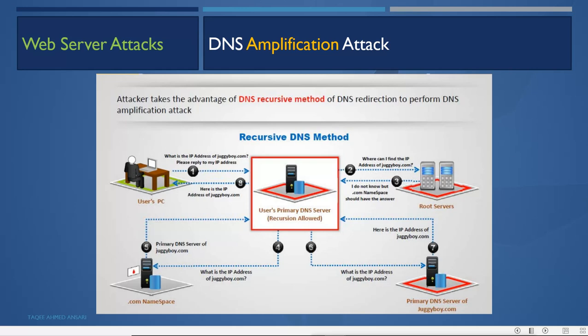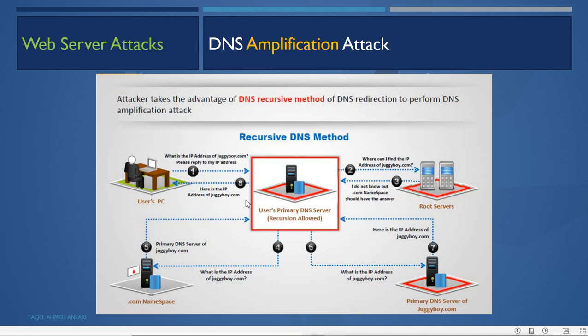Suppose we send a request for some website, and it goes to our DNS server. Now if the DNS server is not authoritative for the domain, then it does the recursive query: it sends the request to the root DNS server, then the top-level DNS server, that is the com server, then it goes to that company's primary DNS server.